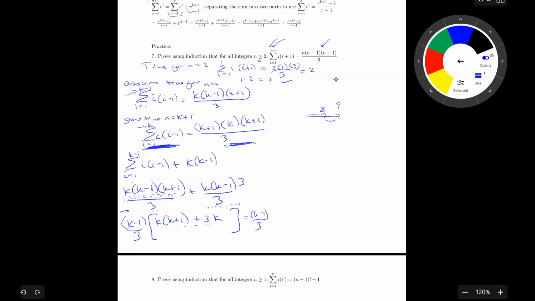Now multiply this out and add these terms together. So I have k squared plus k plus 3k, which gives me k minus 1 over 3. If I add these together, I'm going to run out of room, so I'm just going to do some messy math here. So plus 4k. Oh, did I mess up? No, that's right. Okay, so that gives me 4k.